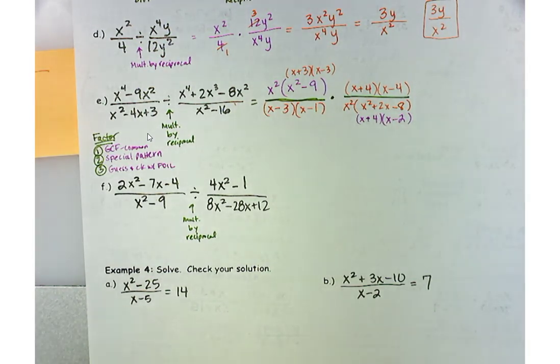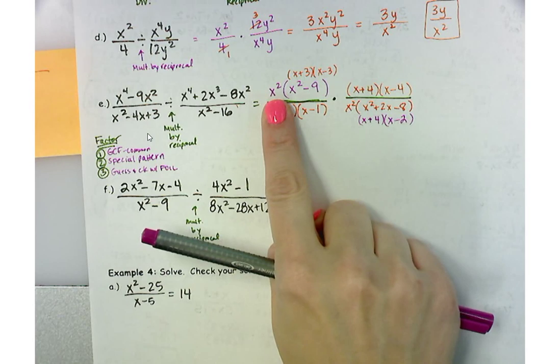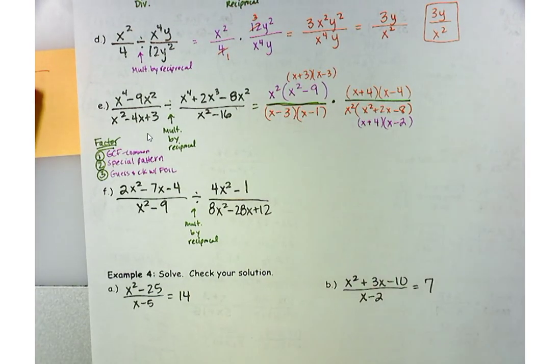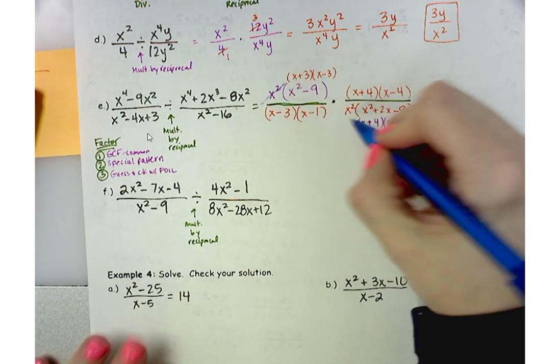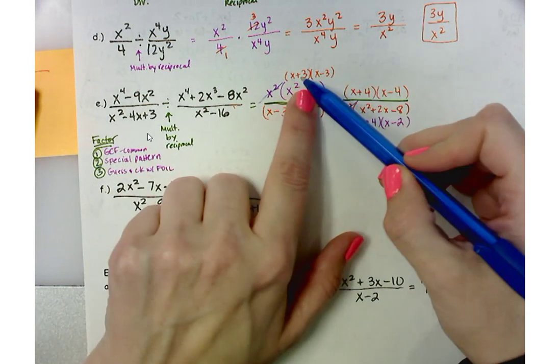Okay, so this simplified, so x plus 3. Is there an x plus 3 on the bottom? Nope. So then what I do is I write that down right away on the top. The x minus 3, is there an x minus 3 on the bottom? Yep. If there were 2 of them on the bottom, you can only cancel it out with 1. So that's something to watch out for too.